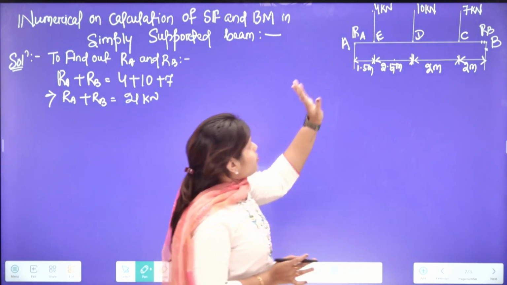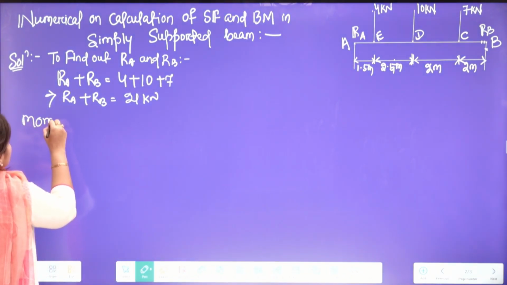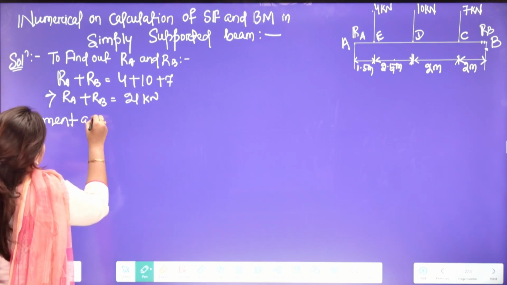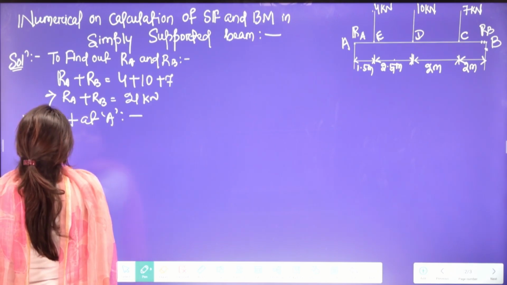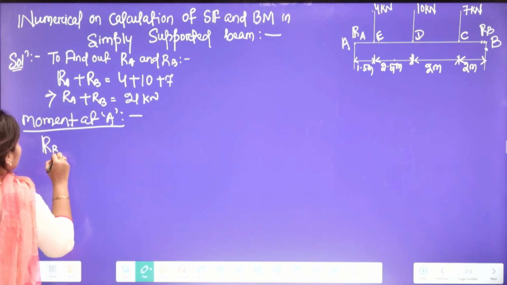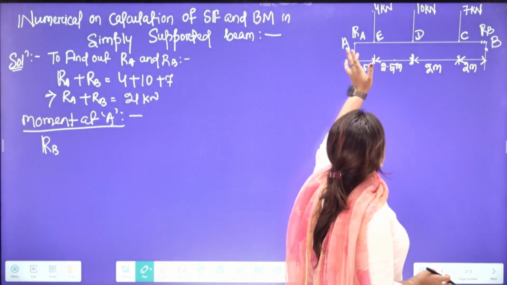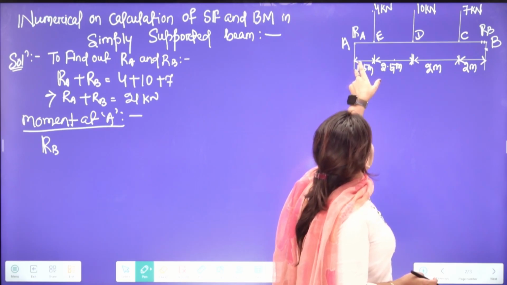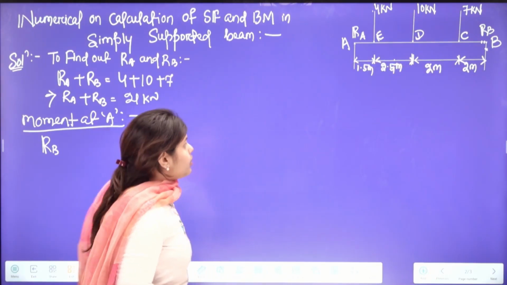Now let's find the moment at point A. Moment is nothing but force into distance. So RB into the distance from this point to this point, that is 8 meter.